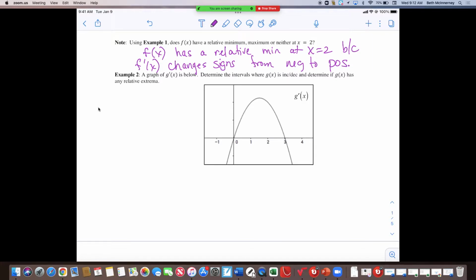Make sure you're finding the intervals where g is increasing, decreasing, and the relative extrema.